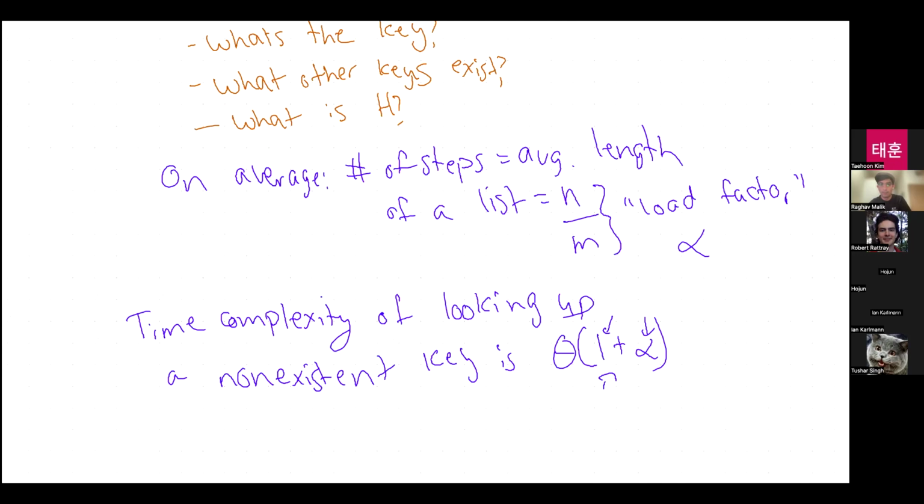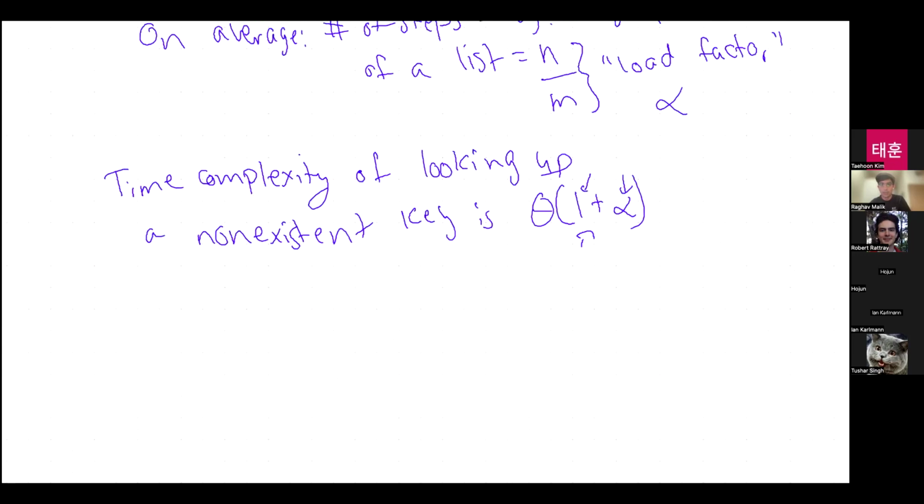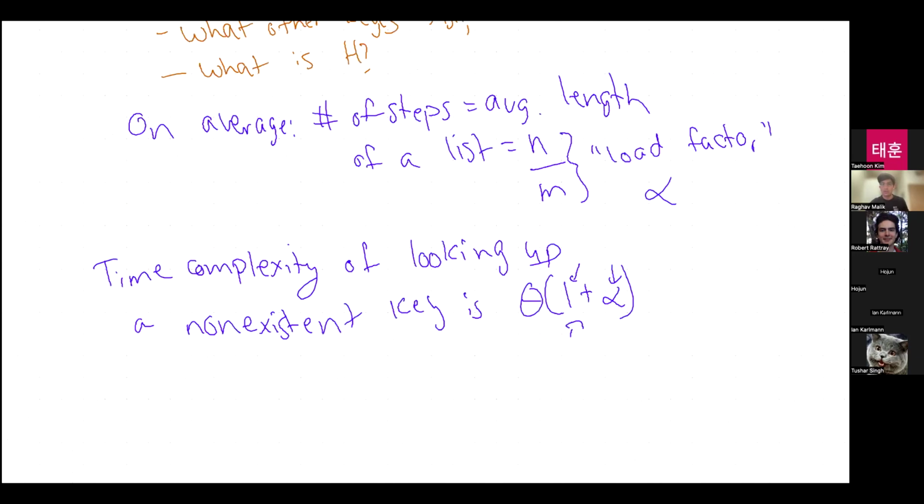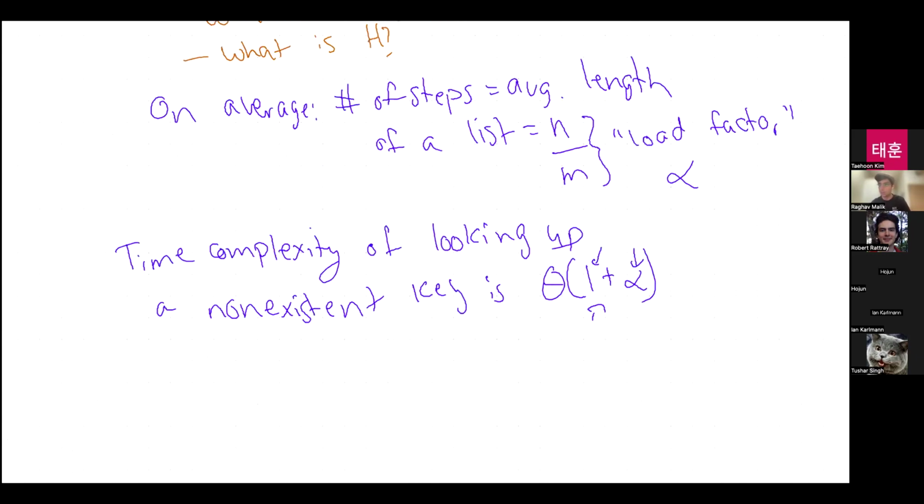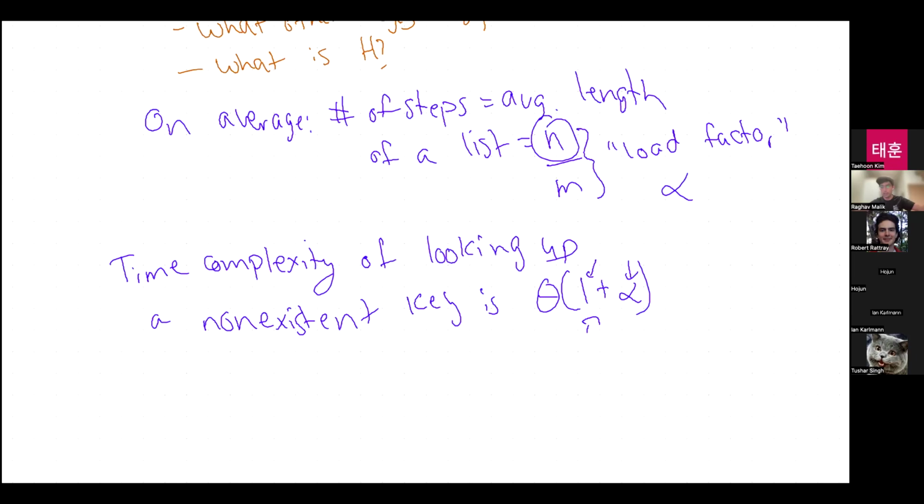But if we know something about what n is going to look like, if we know something about how many keys there are going to be, and we make m proportional to that, so that as the number of keys grows, we also increase the size of the hash table, then we can make sure that alpha is roughly constant, which means that this entire complexity is constant. So looking something up is constant time.